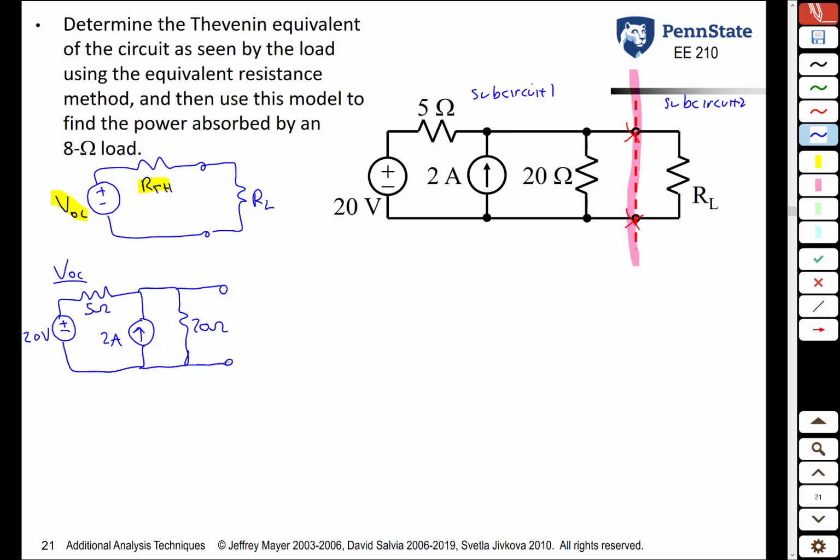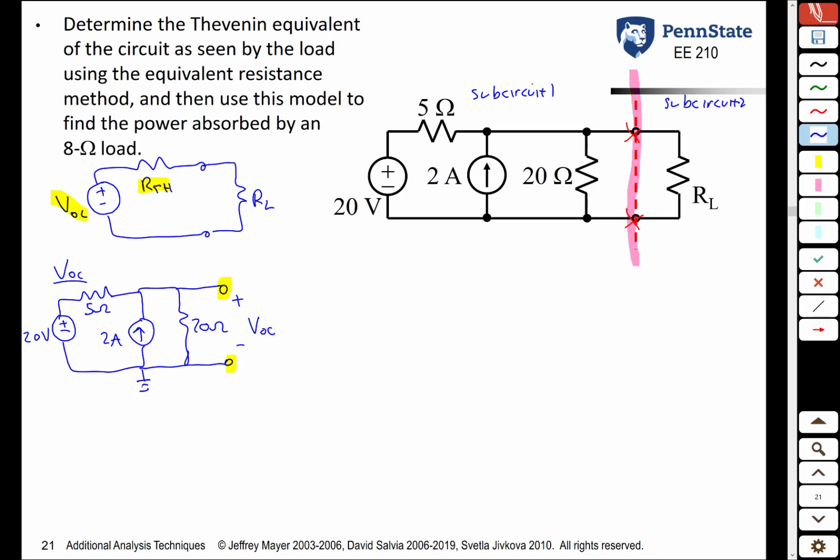So this is our subcircuit 1, and we leave these terminals open circuited, and by definition, the voltage across these terminals here is the VOC in the Thevenin model. So we can use whatever technique we want to find VOC. In this case, maybe a nodal analysis is the easiest.